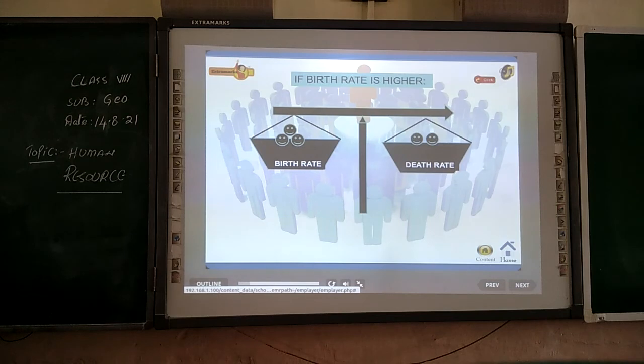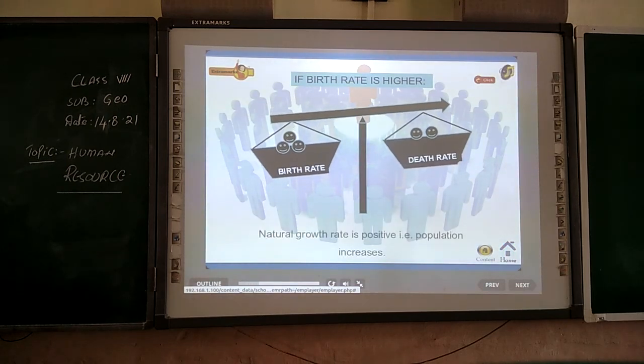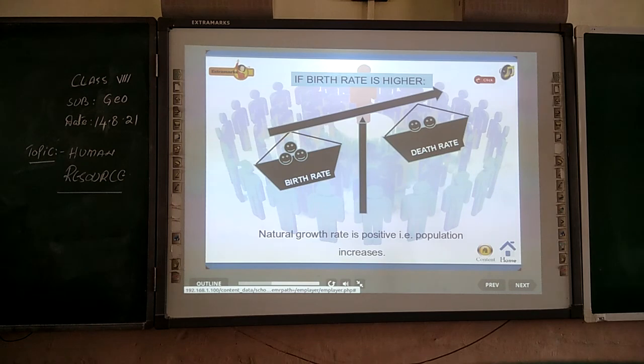If birth rate is higher than death rate, natural growth rate is positive. That is, population increases.